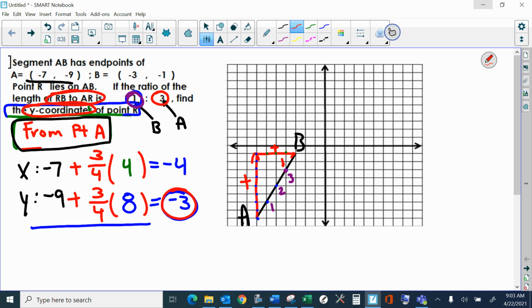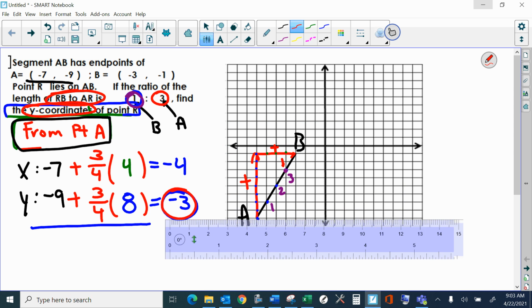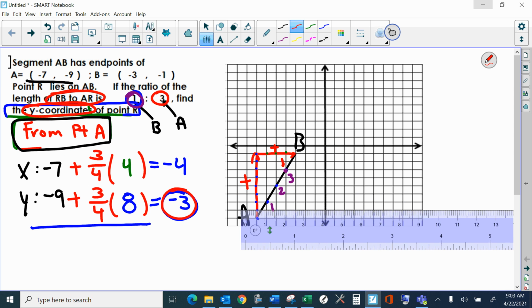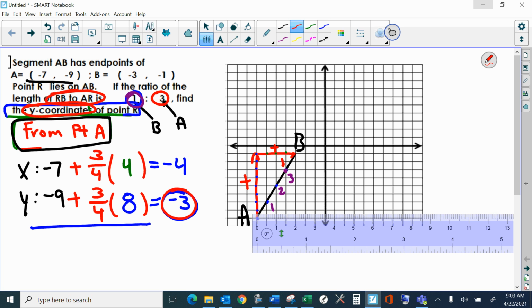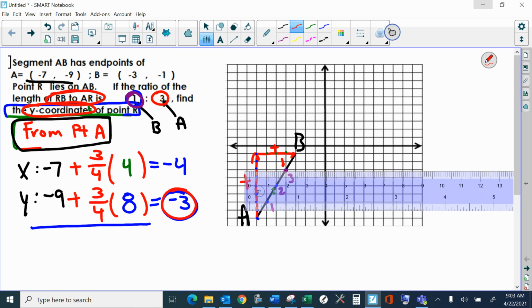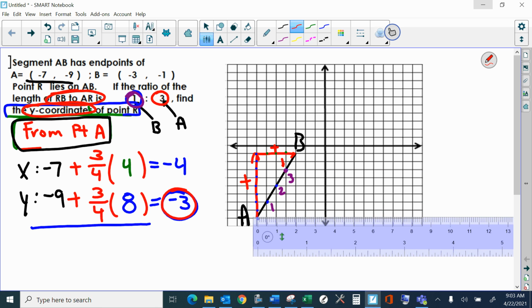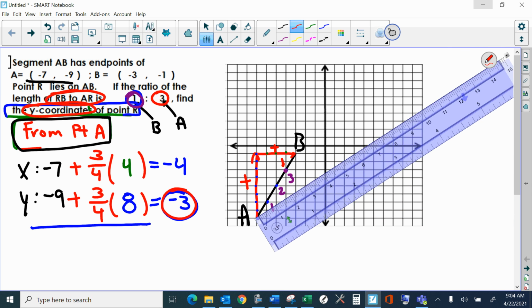A third, just so you know, if you had a ruler, I technically can measure that distance from A to B. So let's see, where's the ruler? Right here. Let's see if we can get this on here. It's got to be up here then. There we go.